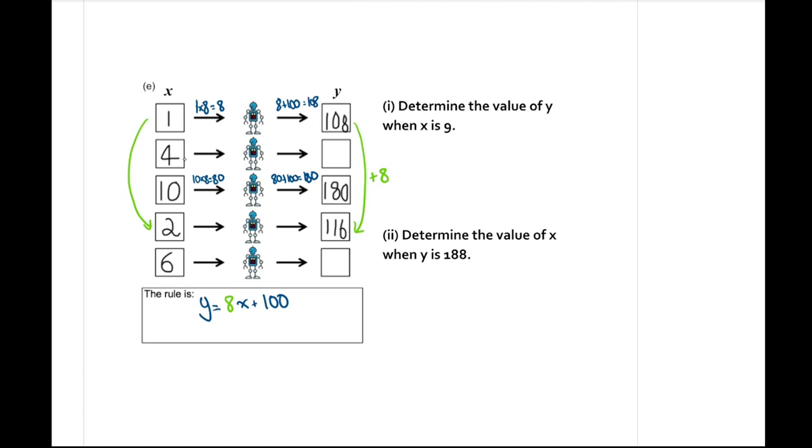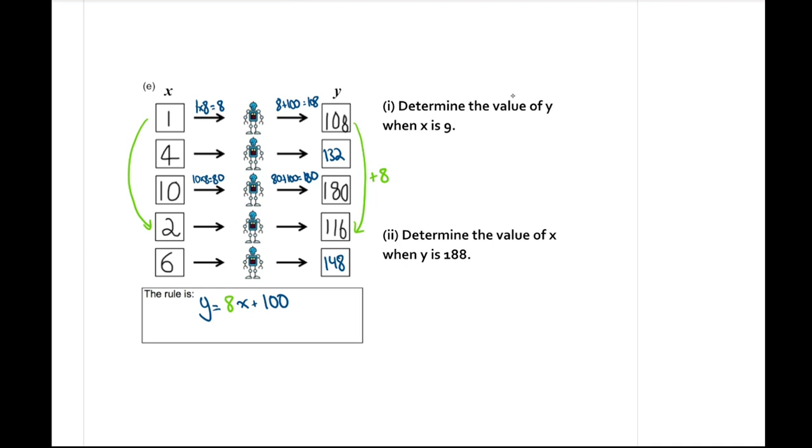So now if I go through, I can fill out the rest of the table, because I can do 4 times 8, which is 32, plus 100, 132. 6 times 8 is 48, plus 100 is 148. Again, using that rule, I can go through and figure out the different questions here.